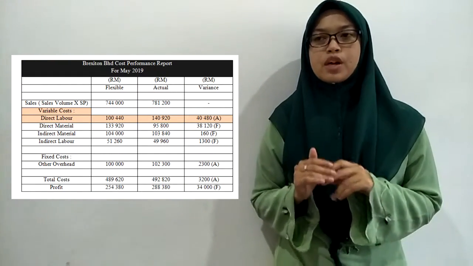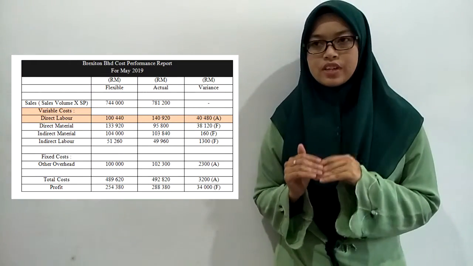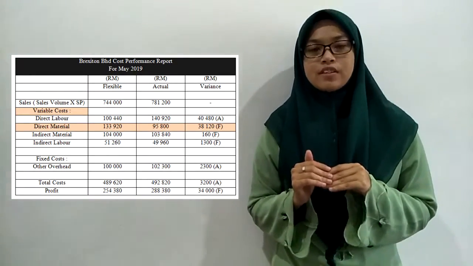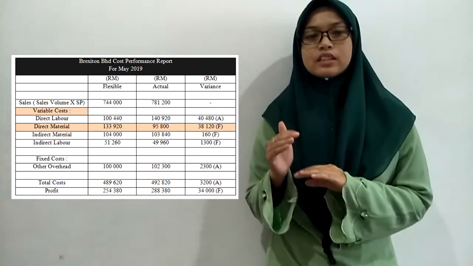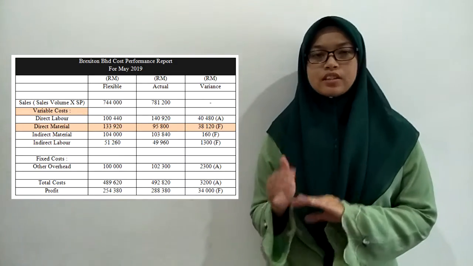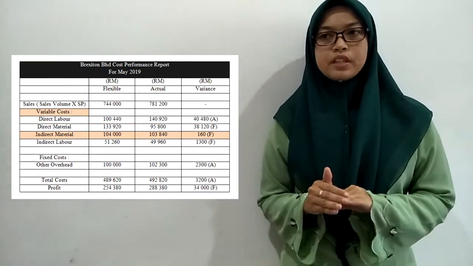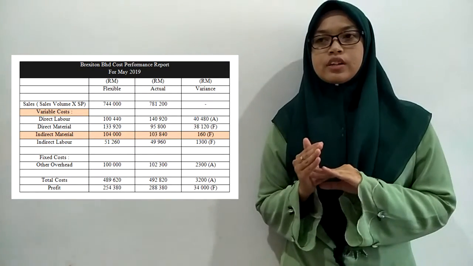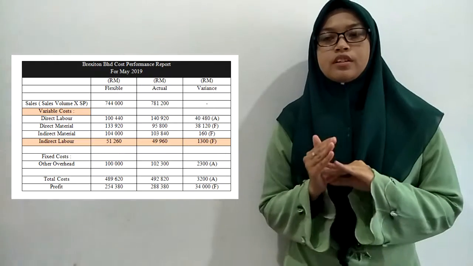For direct labor, we got 100,440 ringgit. For direct material, we got 133,920 ringgit. Then for indirect material, we got 104,000.